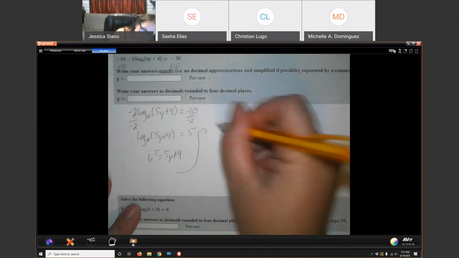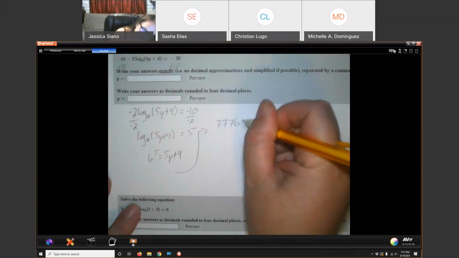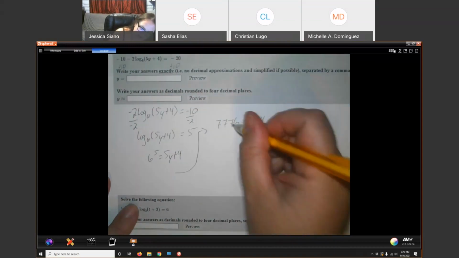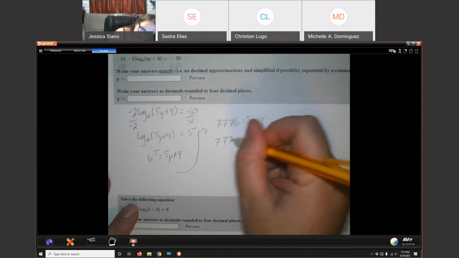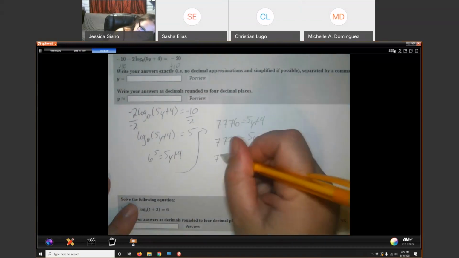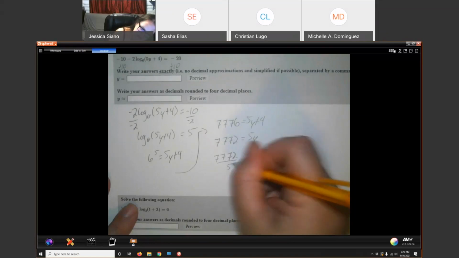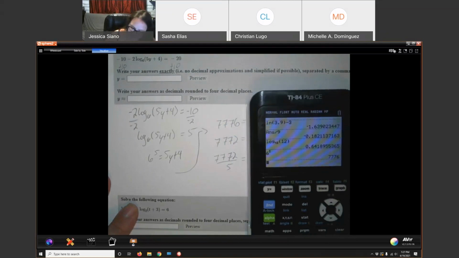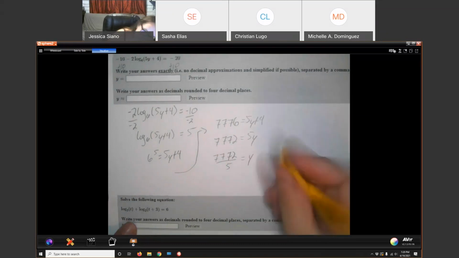So 7776 equals 5y plus 4. If I subtract the 4, I'll have 7772. And divide the 5. That is my exact answer. And nope, I divided by 4 instead of 5. There you go. And my rounded answer, 1554.4.